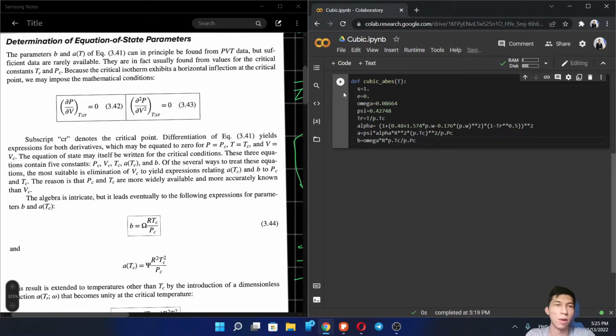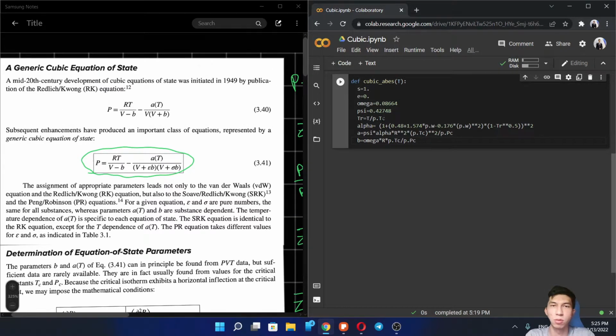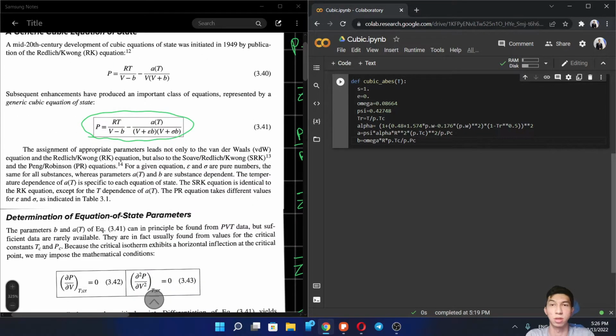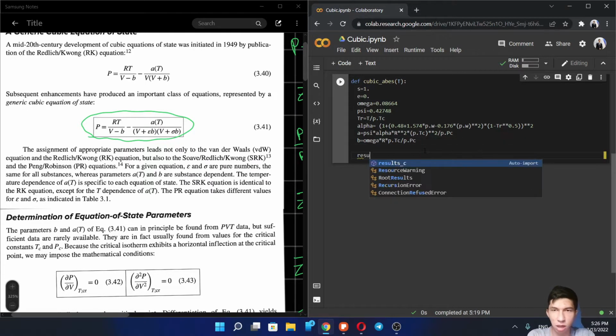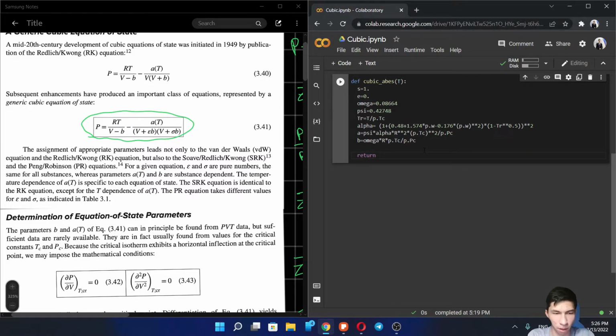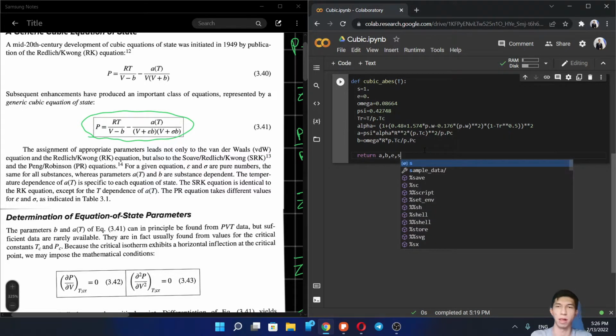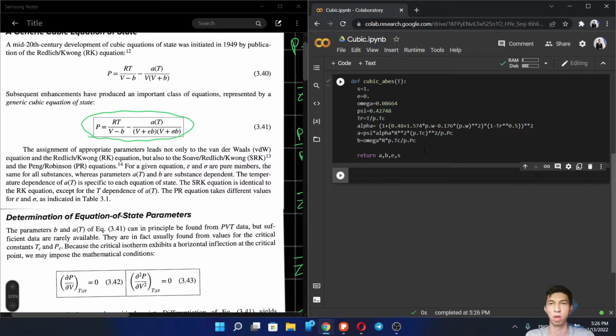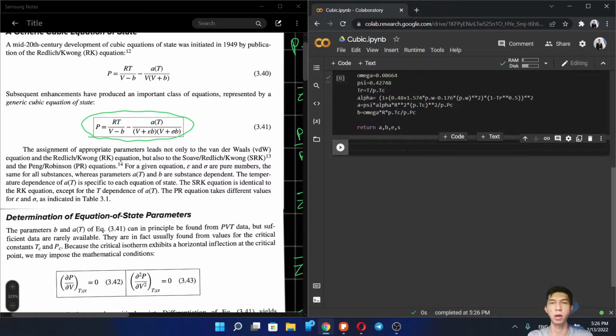So now, as our function was specialized to output our A, B, epsilon, and sigma values, we'll say it's going to return A, B, epsilon, and sigma. So let's run it. We don't have any errors here.